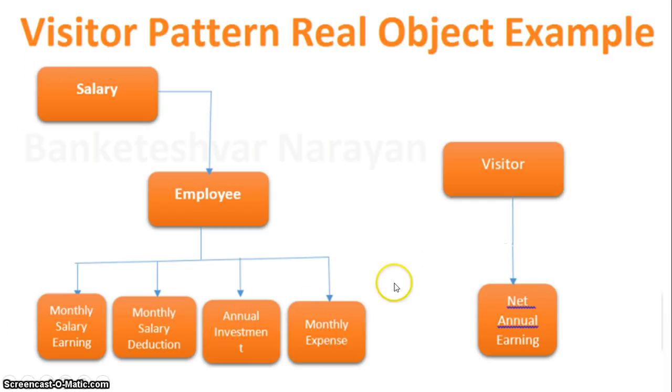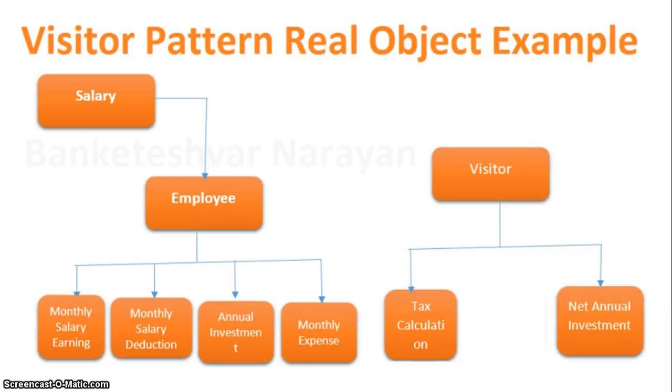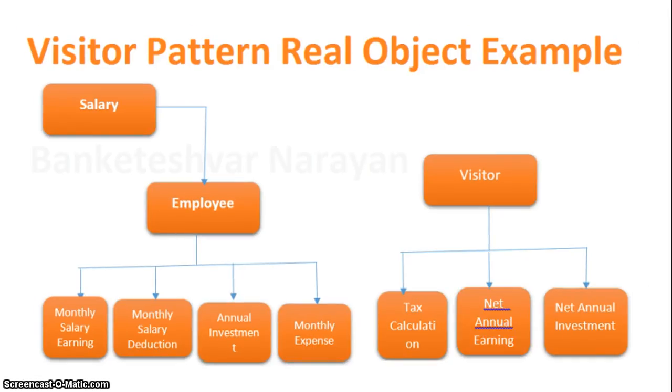So it's an object structure, and there is a visitor which has logic for calculating net annual earning. Let's think that it has any other visitor, like I'm adding tax calculation and net annual investment, net annual earning, or like that.